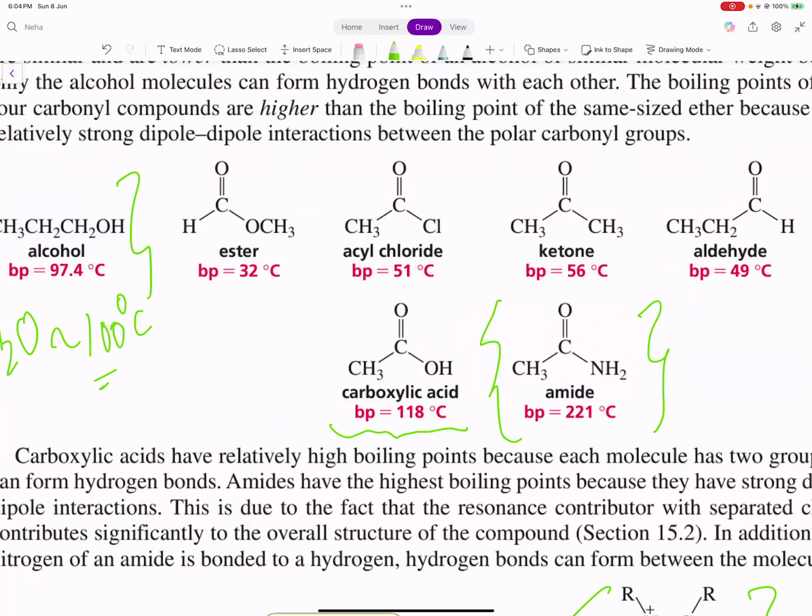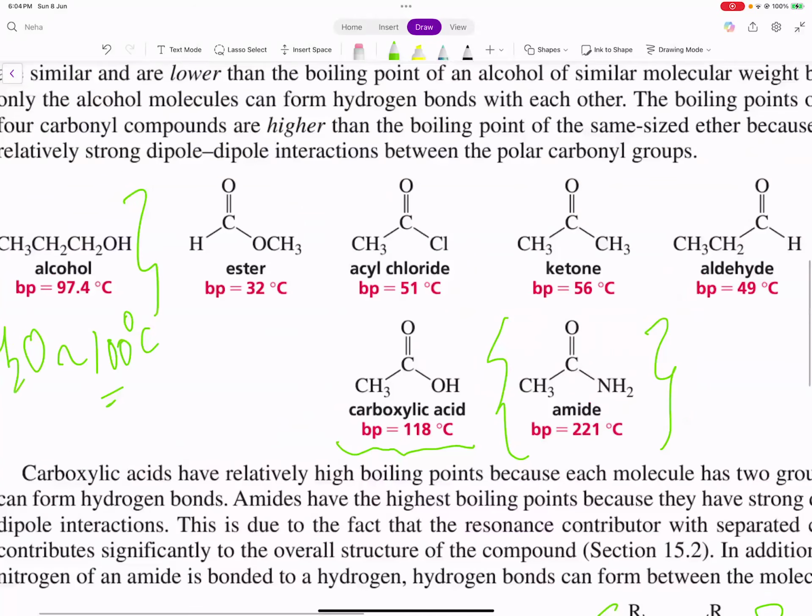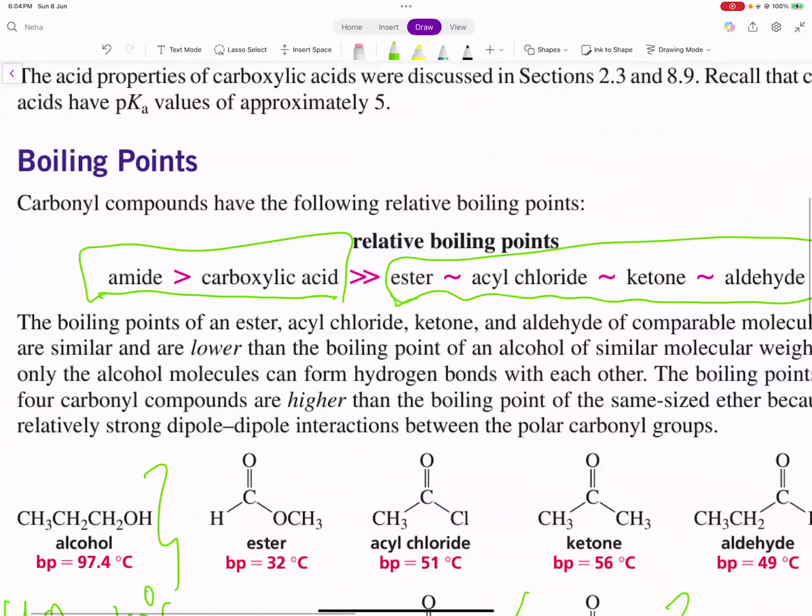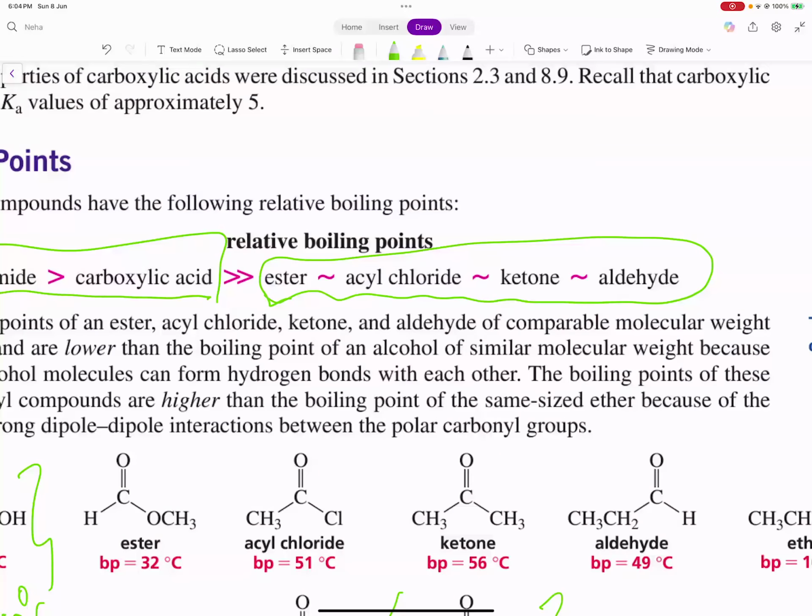Okay. Now then we have ester, acyl chloride, and ketone. So what is happening here? Obviously, ester will have a greater boiling point because the resonance contributor for ester will be much better than acyl chloride. Why? Because in acyl chloride, this chlorine is donating electrons, and in the ester, oxygen is donating.